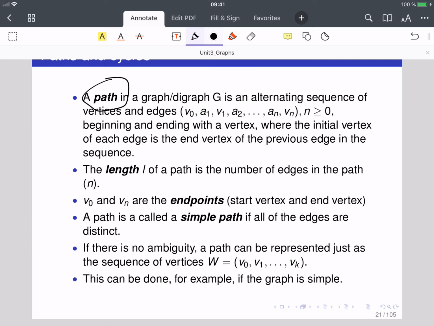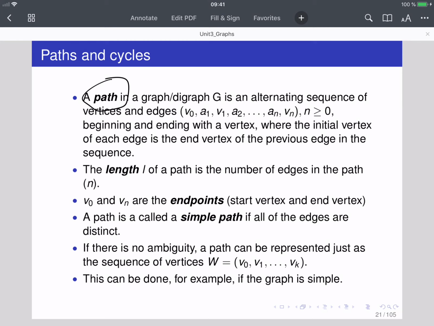So it's very interesting to know how many places we can go from a city, or whether all the places are connected to each other, even if they are not connected by an edge, but by a series of edges that go through intermediate vertices. And that is what we call a path in a graph.